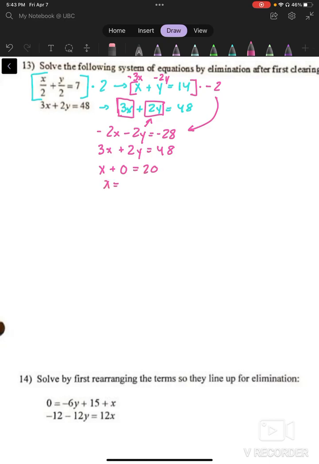So x equals 20. And then you can take this and put it in for x over here in the first equation that I solved. So that would be 20 plus y equals 14. y equals 14 minus 20. So y equals negative 6.